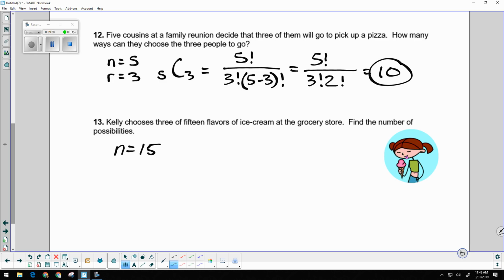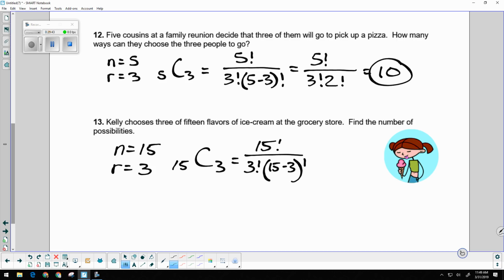We're choosing how many? 3, so r is 3. So it looks like this: 15 factorial over 3 factorial times 15 minus 3 factorial. Final answer here, 455. Have any questions? Let me know.